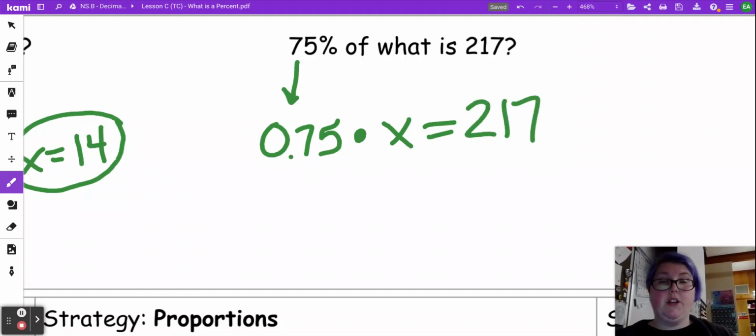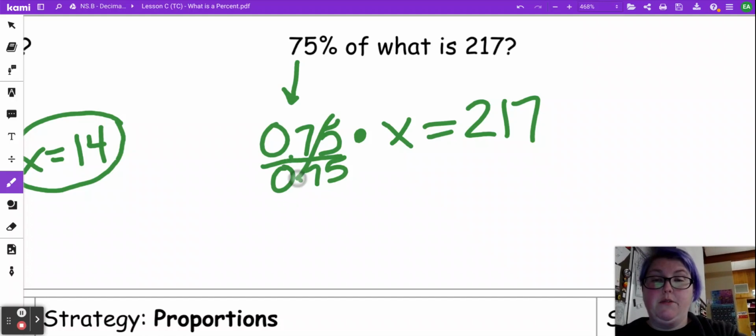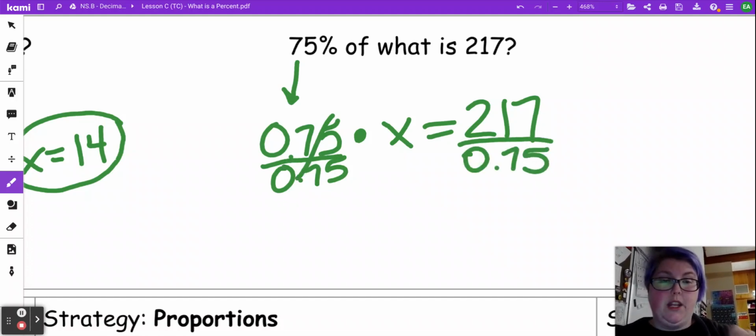So again, we have translated into a number sentence. So now we have to rewrite this because we don't know what x is. We can't multiply 75 hundredths. We have to perform the opposite operation and we have to divide. And whatever we do to one side, we must do to the other side. So we get 217 divided by 75 hundredths.